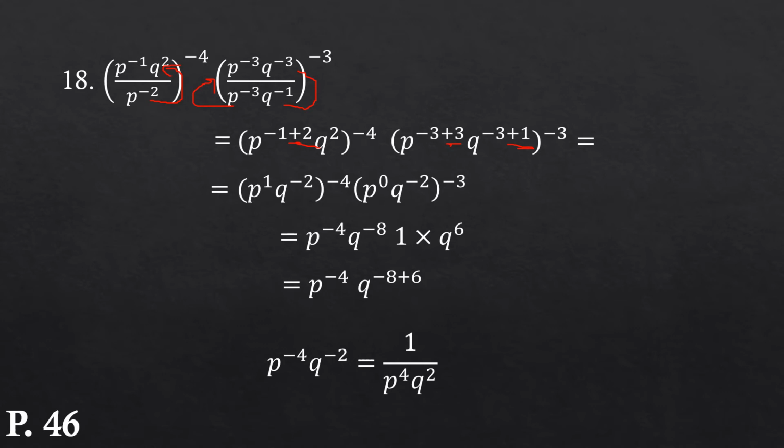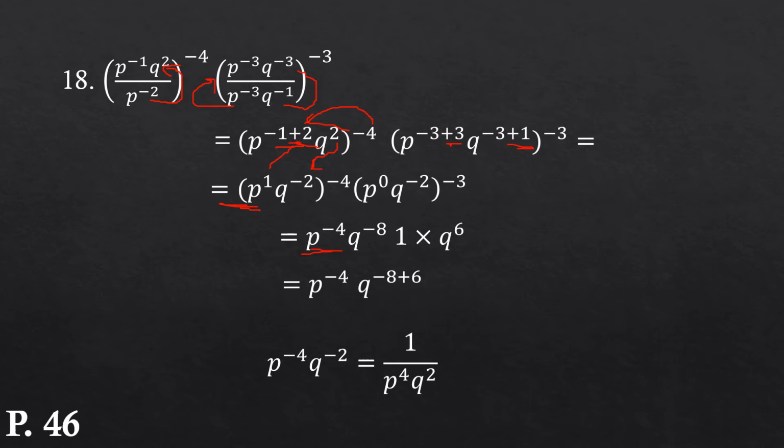So we will multiply by the power. Multiply 4 times positive 1, here will be a negative 4. Here we have p power positive 1, negative 1 and positive 2 equals 1. So here we have a q, which is 2.